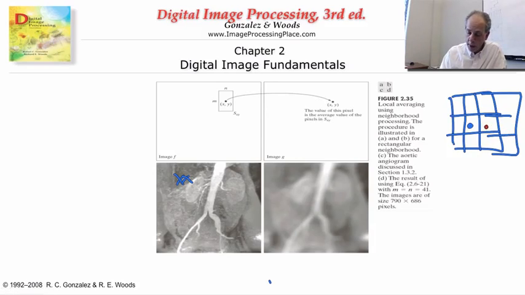So this one will use this, and this, while the blue one has used this one. So it's an 8 neighborhood. Okay, so there is overlapping because we're shifting one pixel at a time. And then we do that for every single pixel in the image.